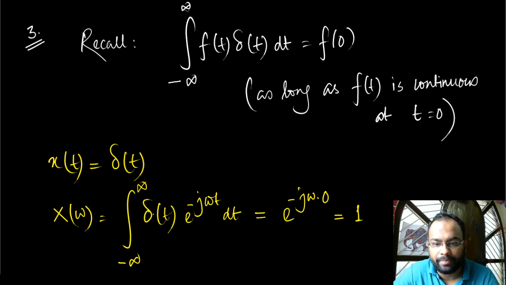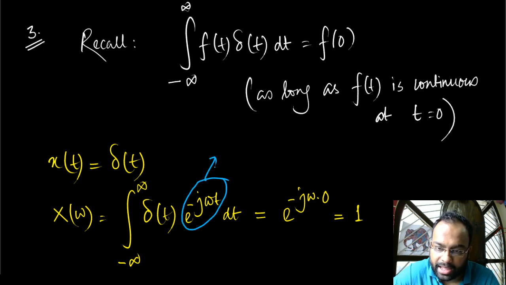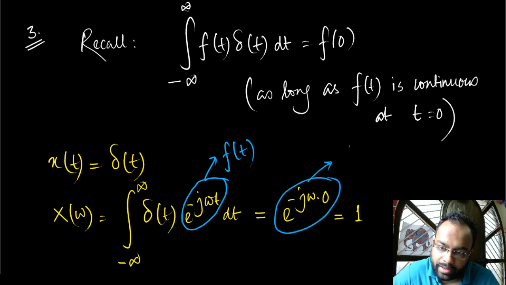Now in this example, we are doing a similar integration from minus infinity to plus infinity on delta t, right? So here we are assuming that this portion is f(t). So we have f(t) into delta t, just like that. So the result would be simply f(0) because of this property.